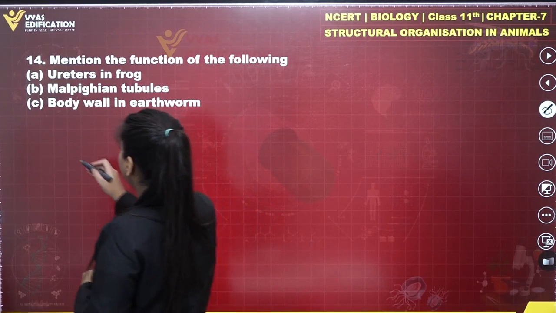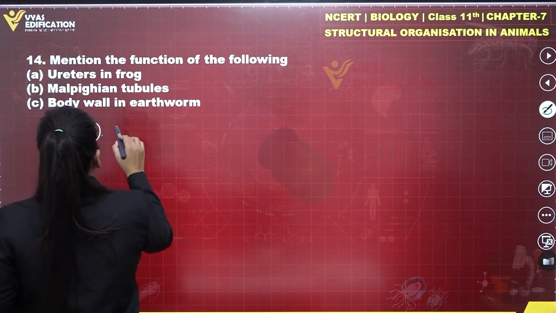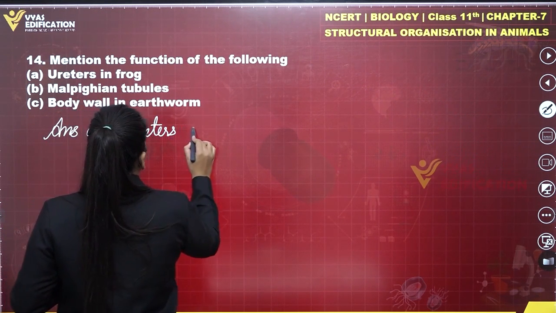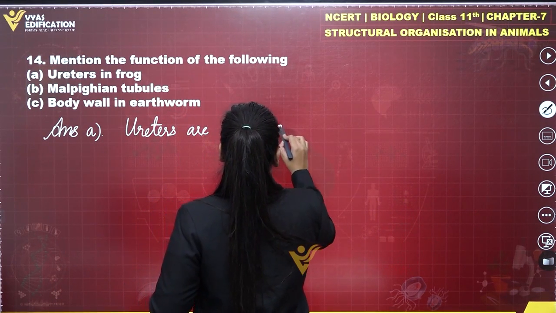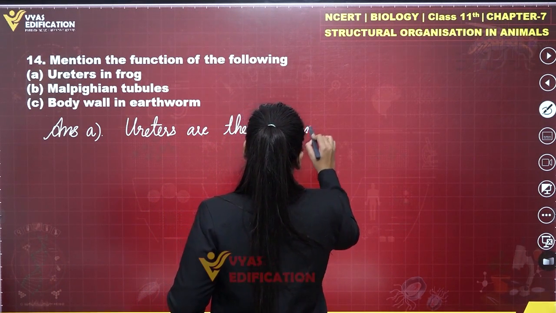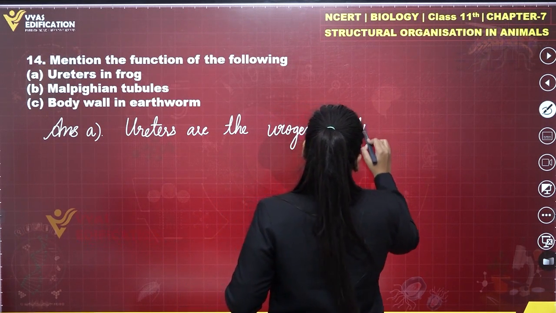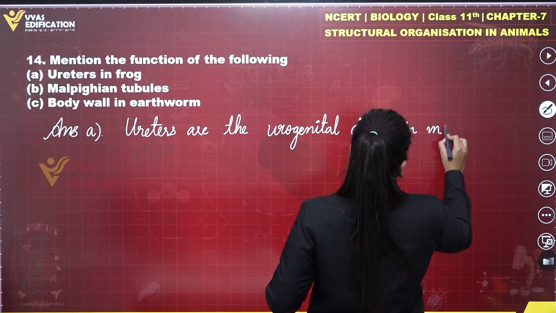Let's write the answer of these questions. Answer number A. If you talk about the function of ureters, then ureters are the urogenital ducts in male frogs.